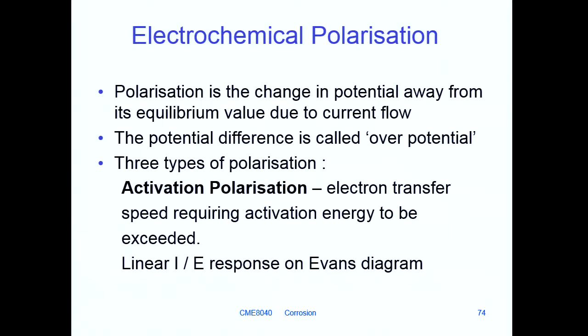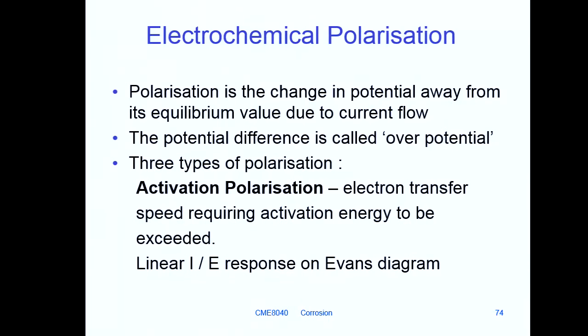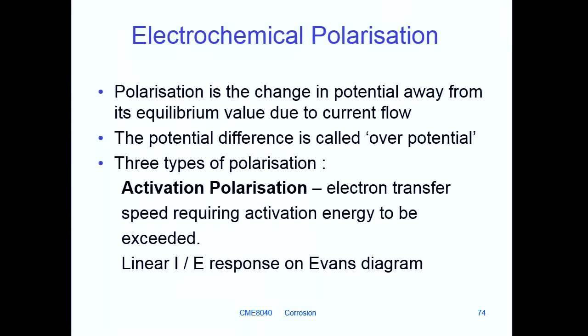And what we've got is two processes here, one which is a cathodic process and one which is an anodic process. And the slope of the line that you get for E against I after you've got over the initial kick start is characteristic of the reaction that's occurring in the cell. So the slope of the line for, say, iron going to Fe3+ plus 3 electrons will be different from the gradient of the line for Fe2+.